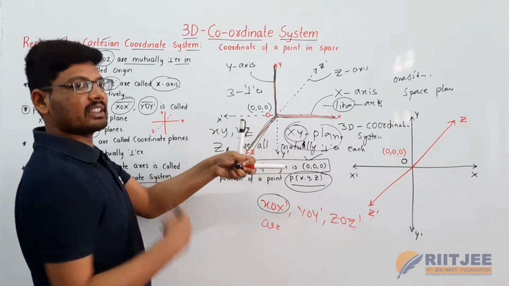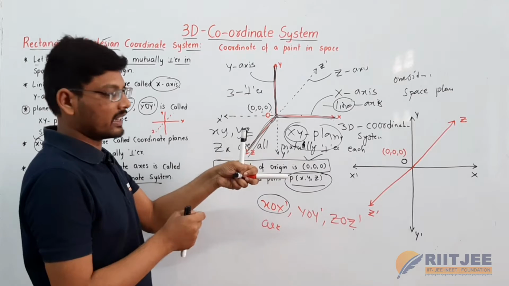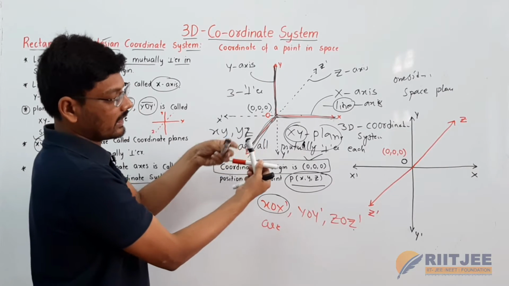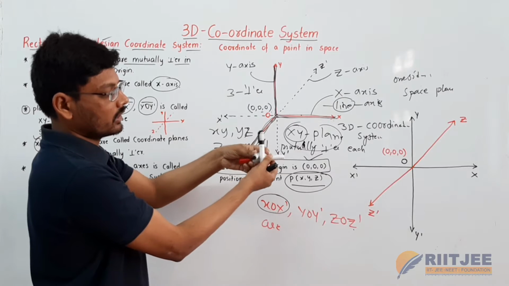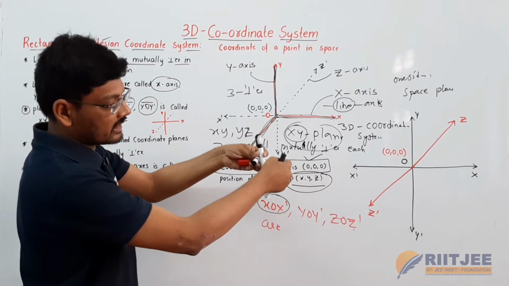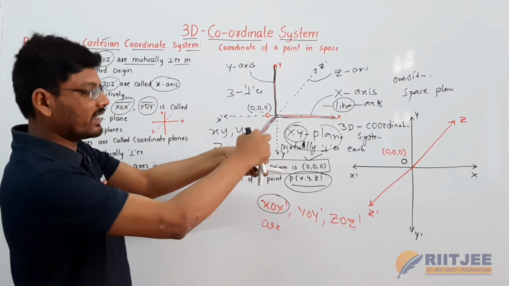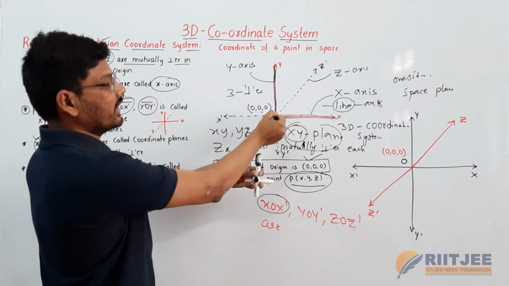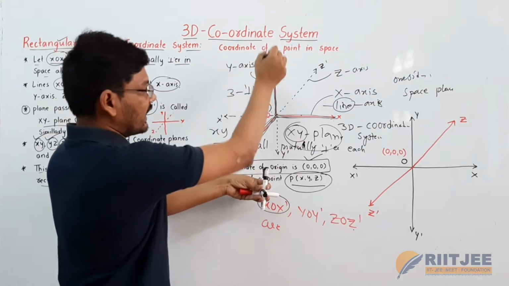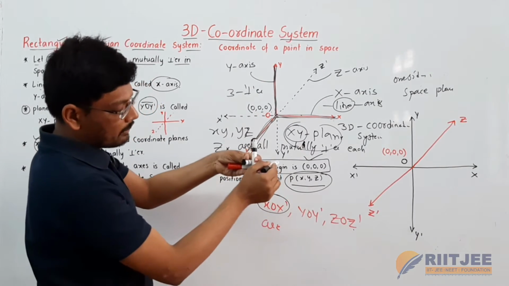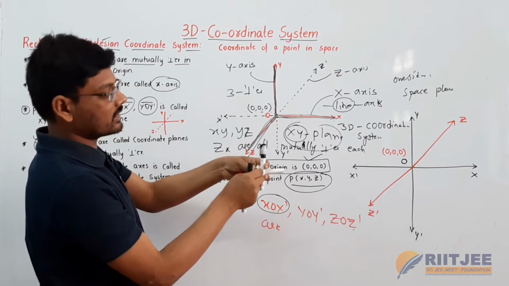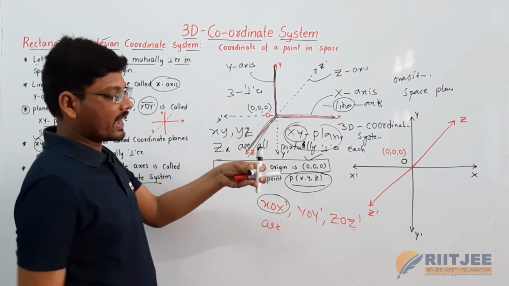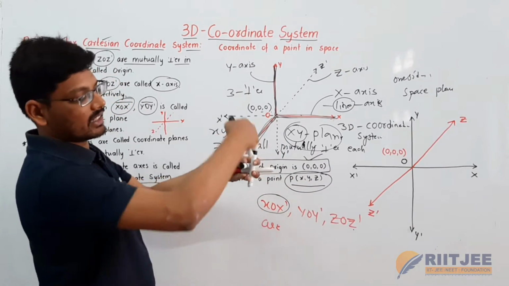Here these three planes are mutually perpendicular to each other. The intersection of these three lines is the origin. This complete red line is the x axis, this black one is the y axis, this blue one is the z axis.